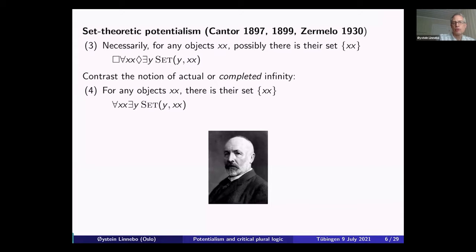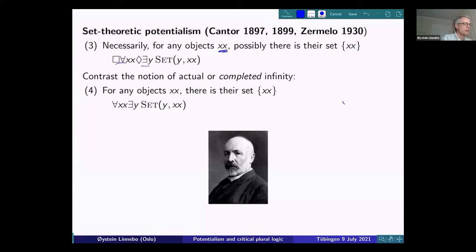And one way to go with those Cantorian ideas is, again, as a kind of potentialism. So necessarily for any one or more objects, XX, possibly there is their set. Right? So it's always possible to use some given objects to define their set.